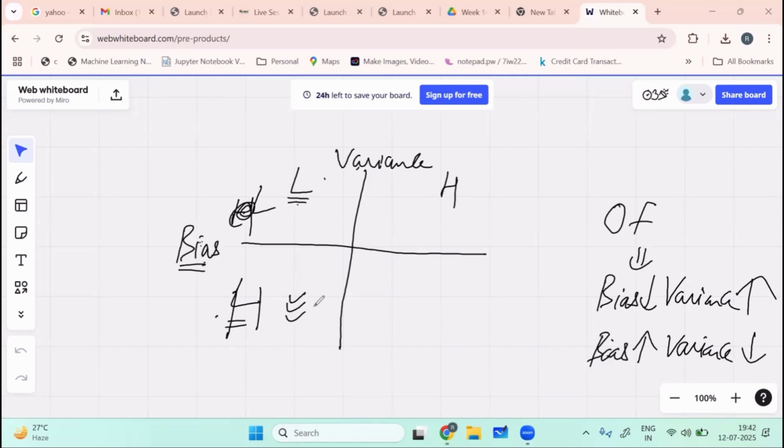This is my bias part, which is high. So these cases are underfitting. When my variance is very high and bias is low, this is overfitting. When bias and variance both are low, that is a good fit, or you can say an optimal fit, right?